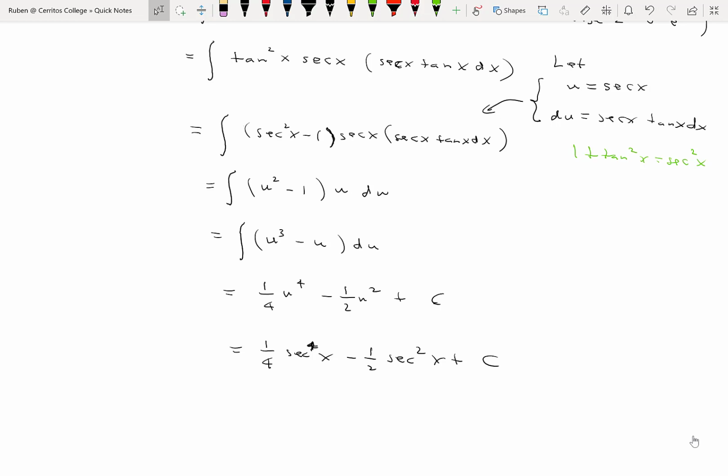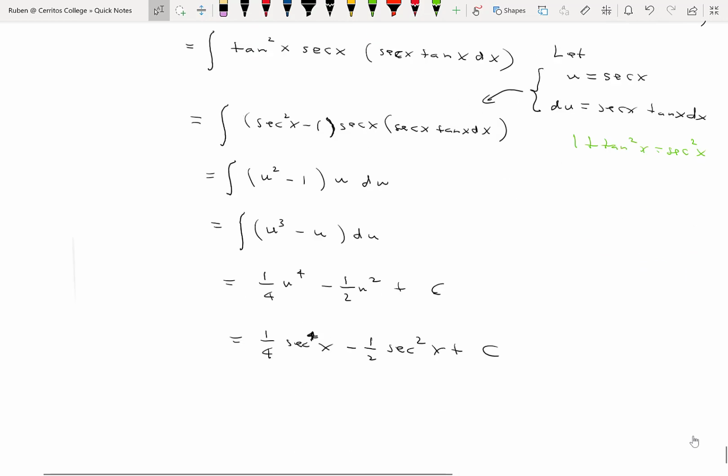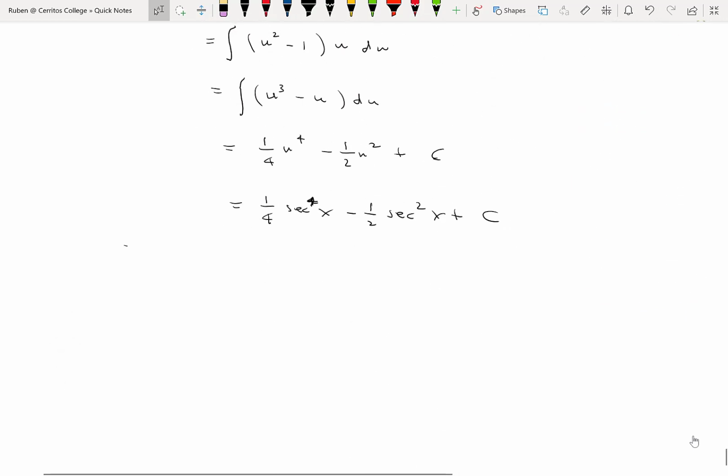Okay, let's take a look at one more before we move to the most complicated case. Let's take a look at where they're both odd. Let's take a look at tangent cubed, secant cubed. So part E: tangent cubed, secant cubed.